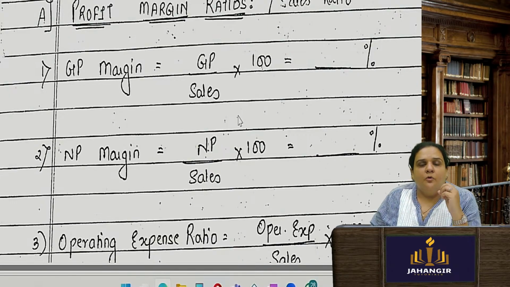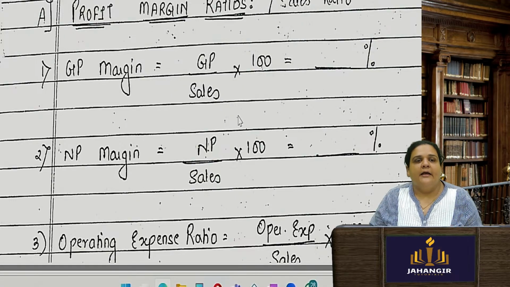I am first going to take you through all the ratios. I have made a list of all the ratios. I will explain them quickly, and then we will go to solving the problems. This chapter is basically completely practical, there is no such theory to it.